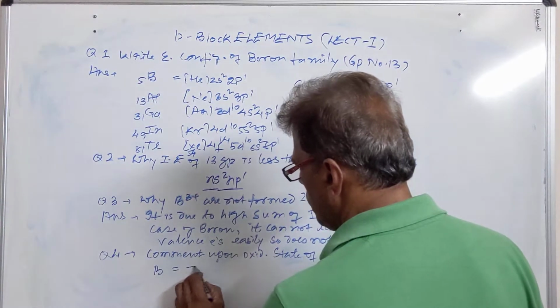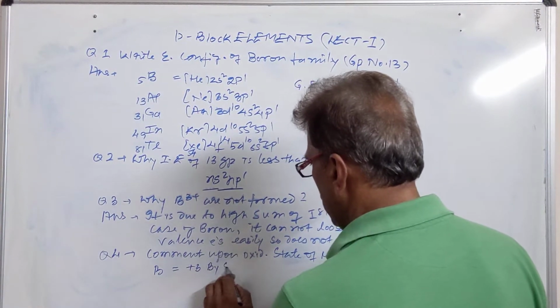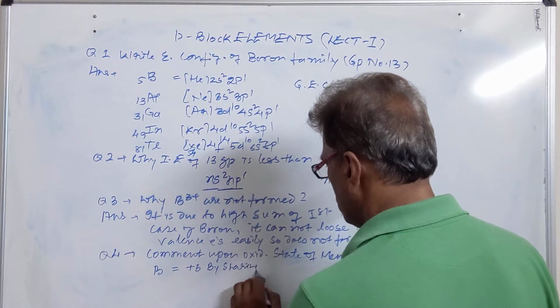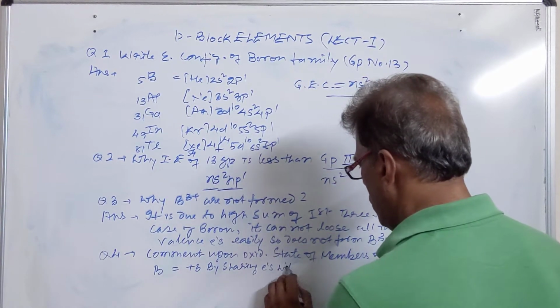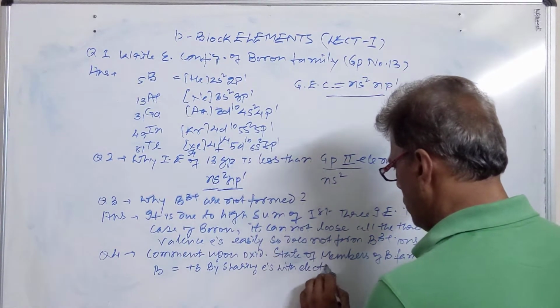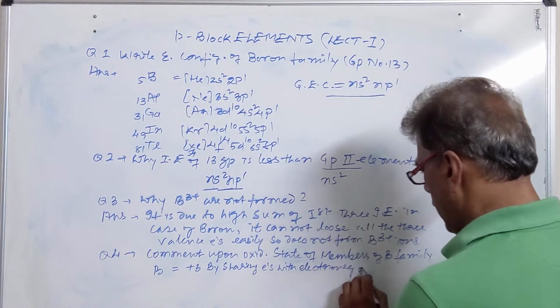Boron shows +3 by sharing electrons with electronegative atoms.